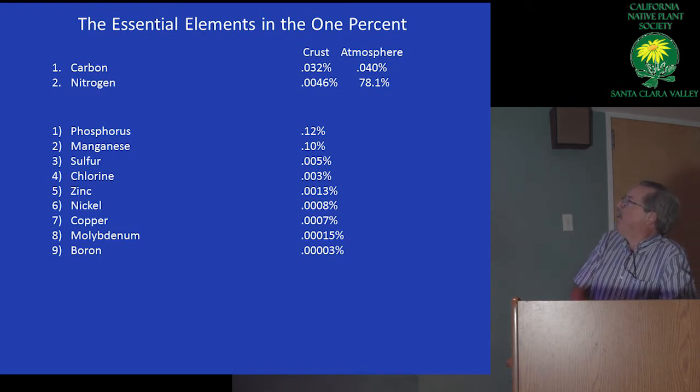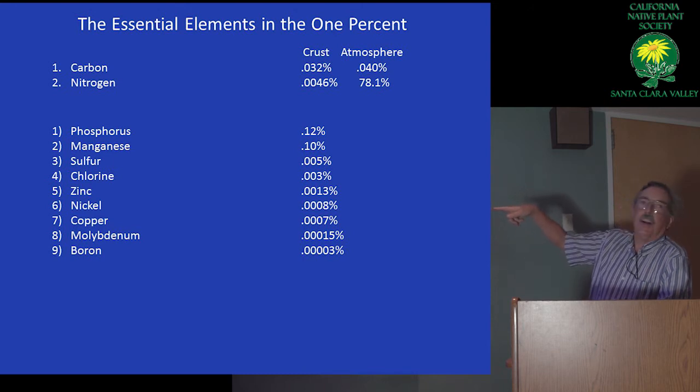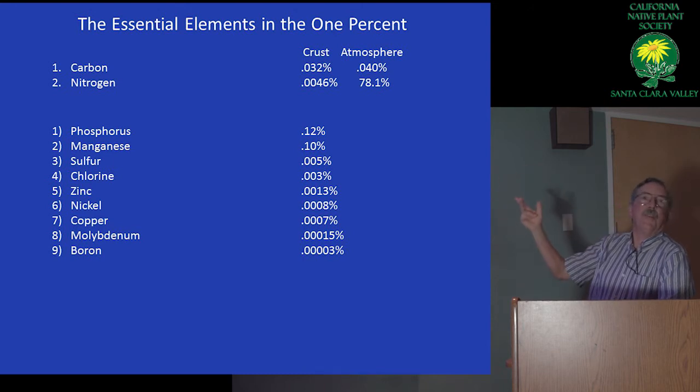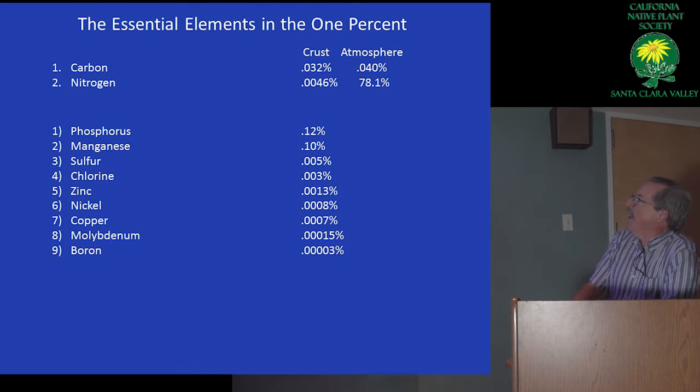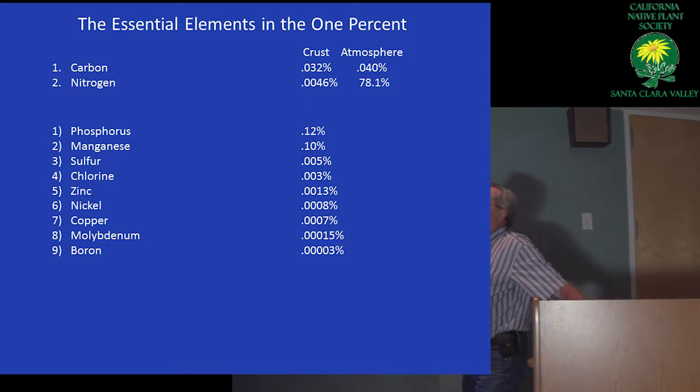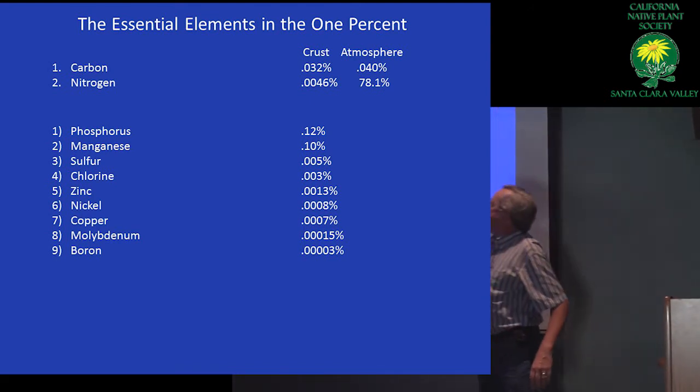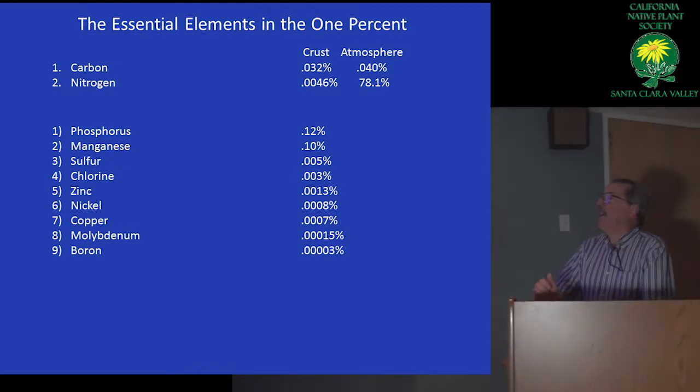Carbon is 0.32% of the crust, and going up, 0.04% of the atmosphere. Funny that it used to be that the atmosphere had less percentage carbon than the crust, and now it's reversed. Number 11, by the way, in the most abundant is phosphorus, which is one of the big 3.